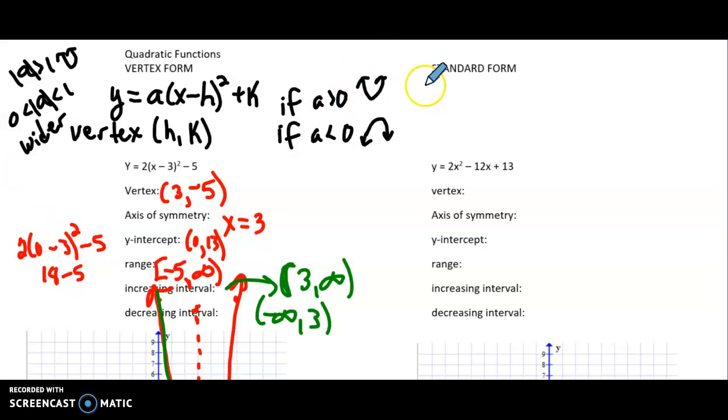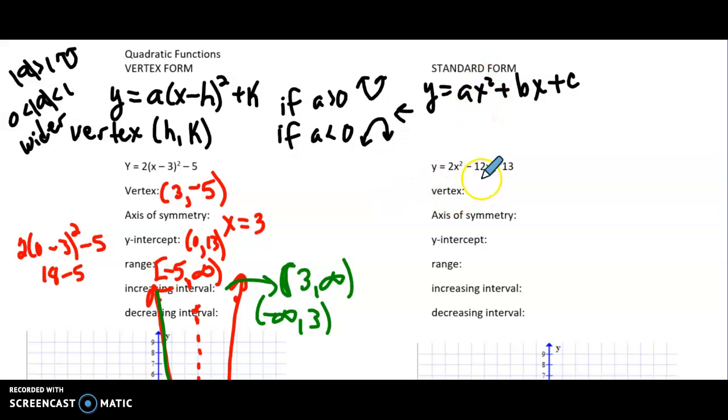Now, standard form is y equals ax squared plus bx plus c. If something's written in standard form, a is still telling me the same thing as it tells me over here. If it's positive, it's opening up. If it's negative, it's opening down. So I can still have that same idea.